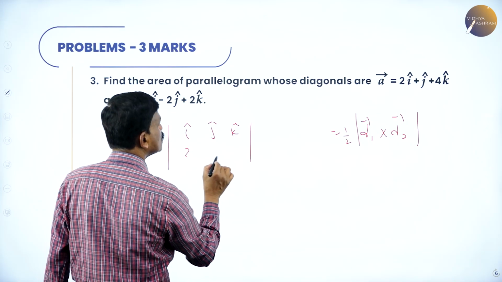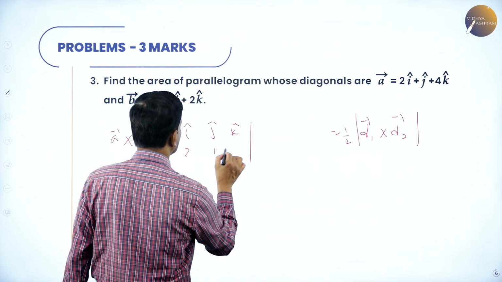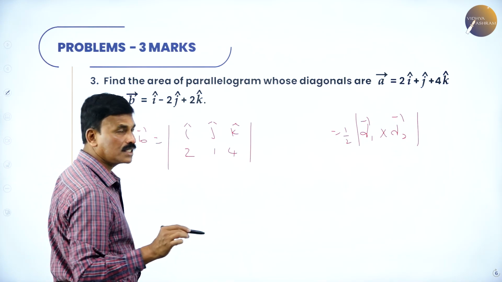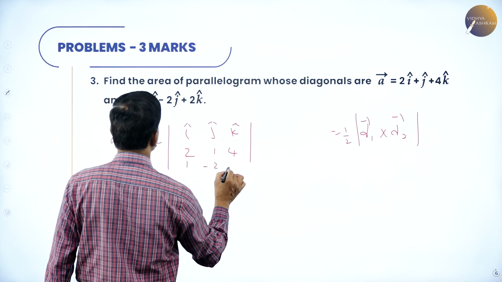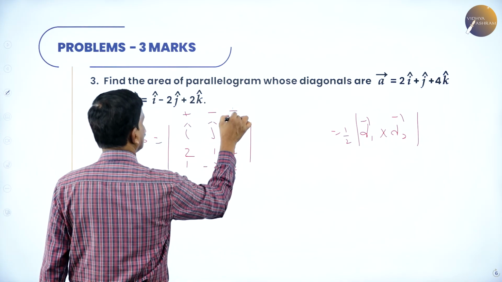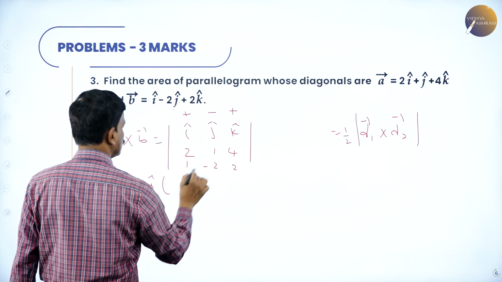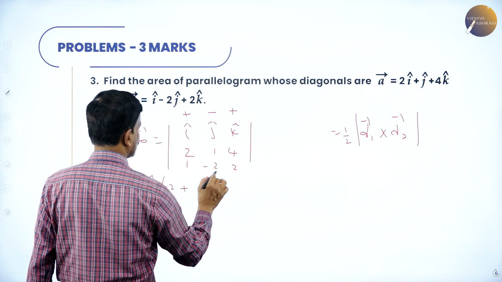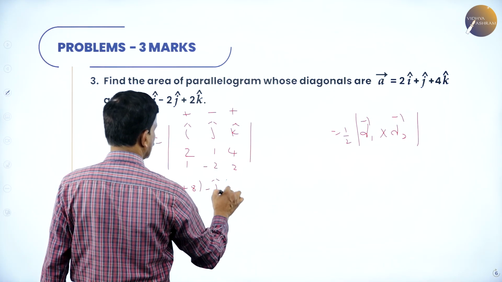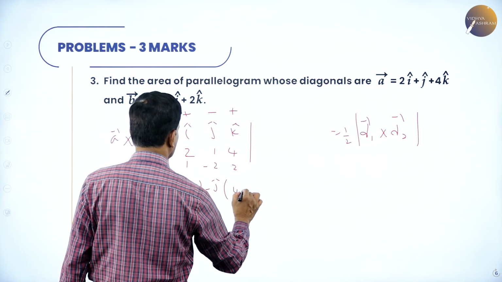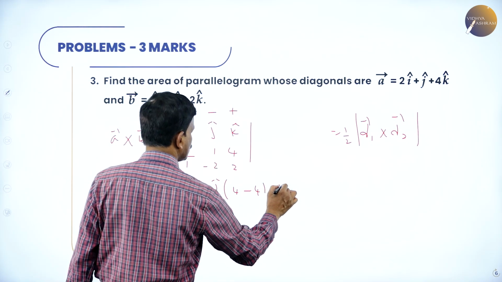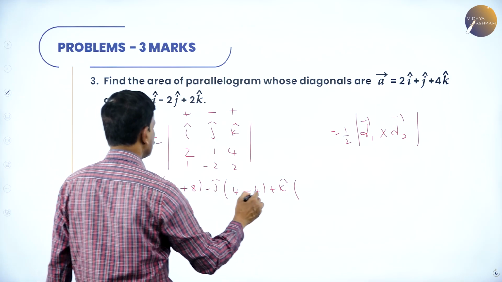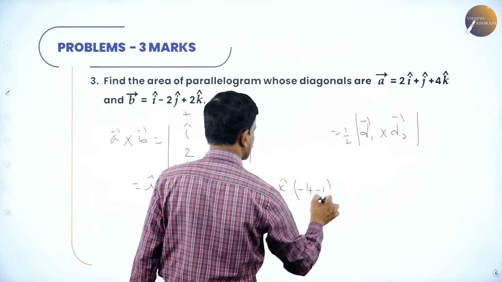So therefore A cross B has 2, 1 and 4. The coefficients of i, j, k in the vector B are 1, minus 2 and 2. Plus, minus and plus. i into 1 2s are 2, minus into minus plus 2 4s are 8, minus j into 2 2s are 4, minus 4, plus k into, this is gone, minus 4 minus 1.